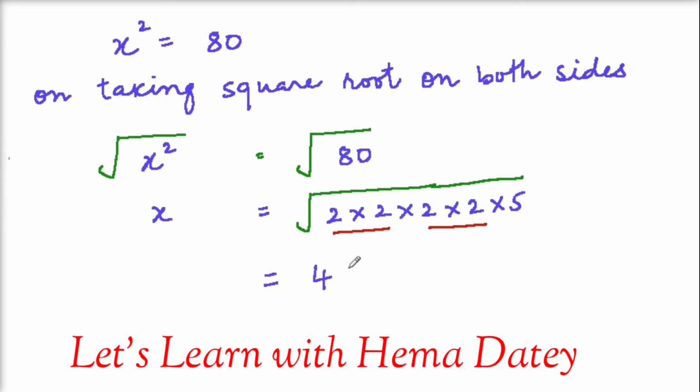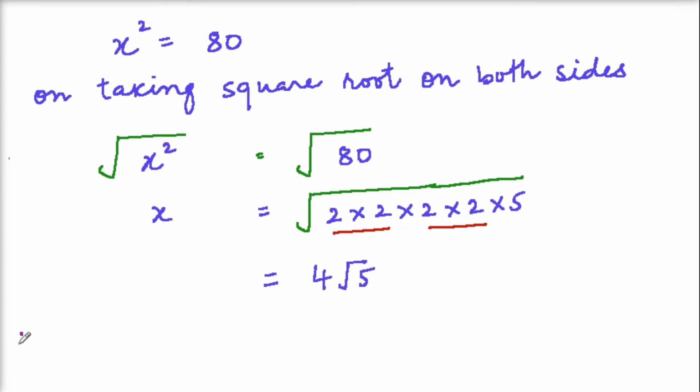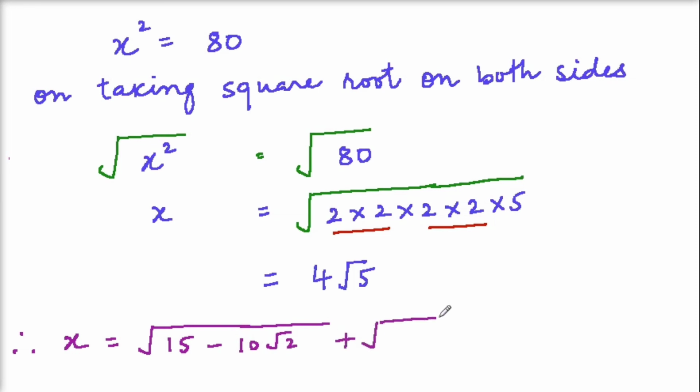So square root of 80 can be written as 4 root 5. So what was x? X was equal to square root of 15 minus 10 root 2 plus square root of 15 plus 10 root 2. And the value of this expression is equal to 4 root 5.